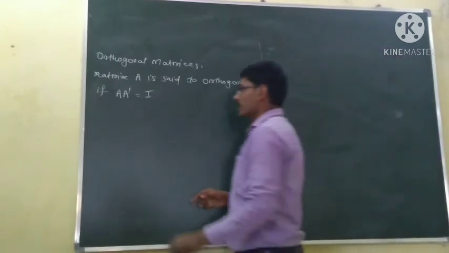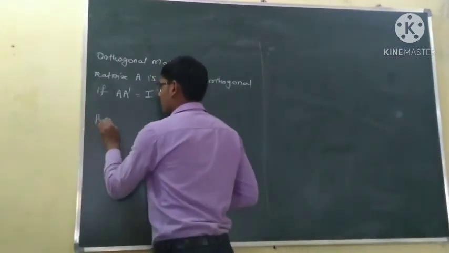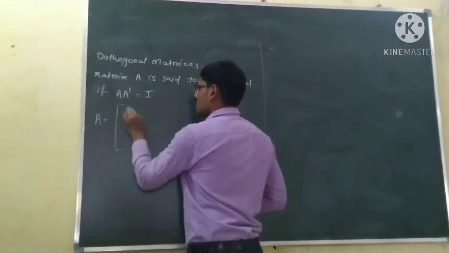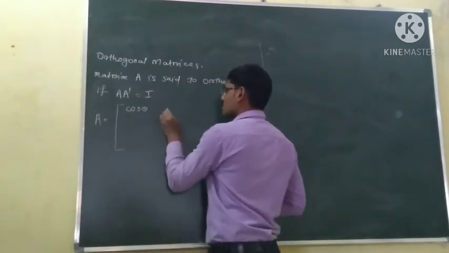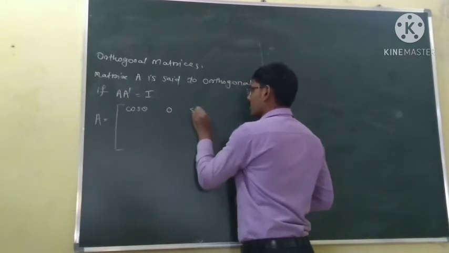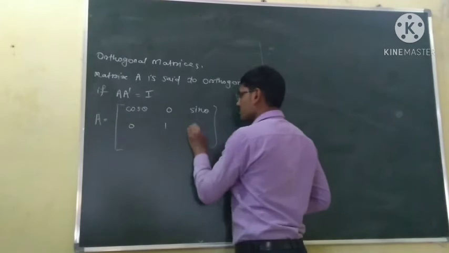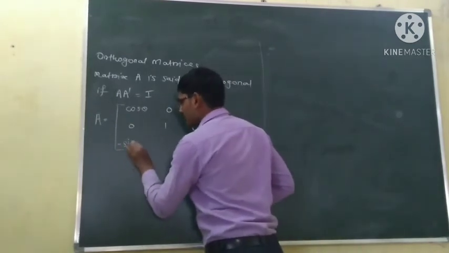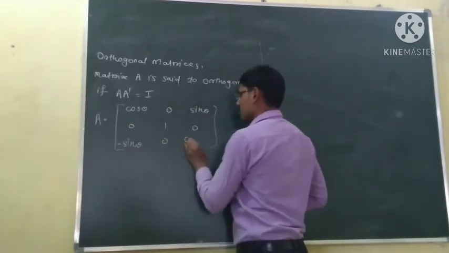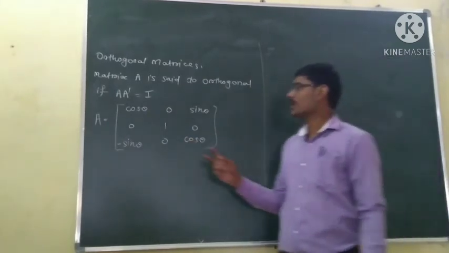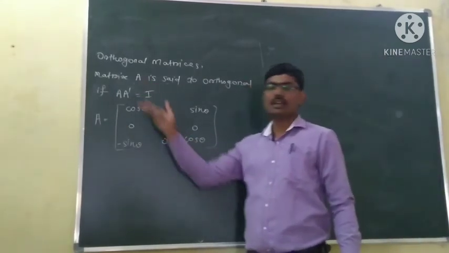For example, take the matrix A as cos theta 0 sin theta, 0 1 0, minus sin theta 0 cos theta. Now we will take the multiplication of matrix A with A transpose.